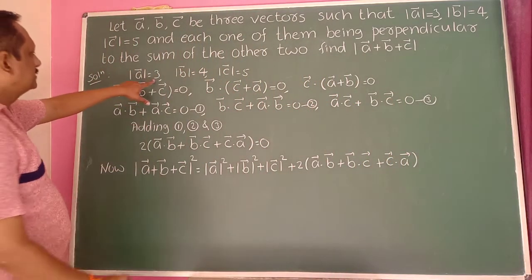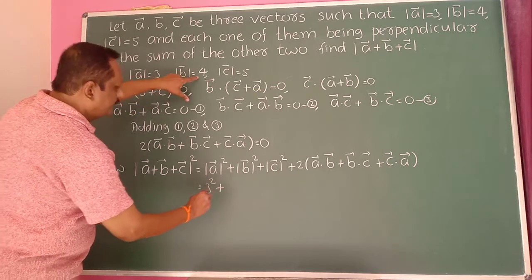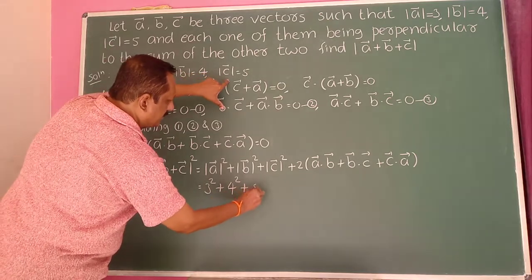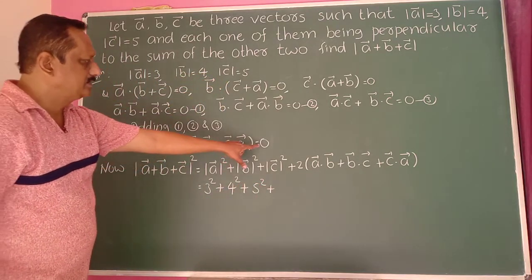Modulus of A bar is 3, so 3 square plus 4 square plus 5 square, plus 2 times the product, which is 0.